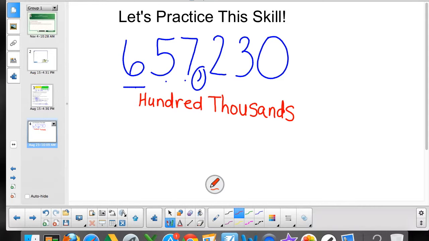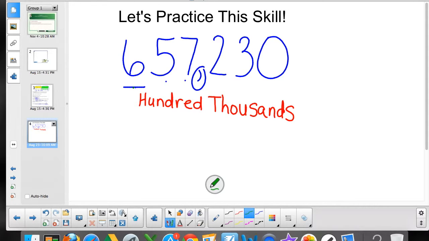If we look more closely and talk about the value of the 6, we would say how much the 6 is worth. What's the value of the digit 6? Well, the 6 is in the hundred thousands place, and there are 6 of them.